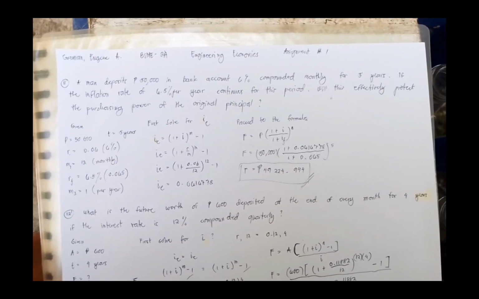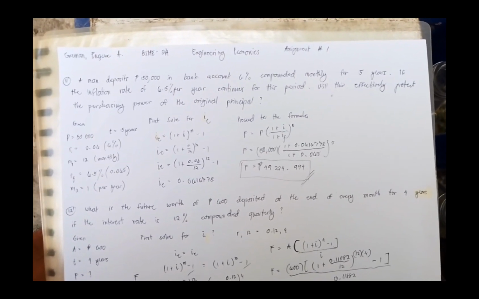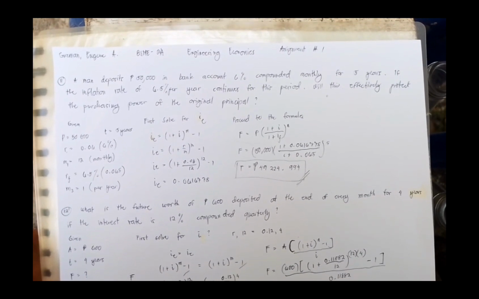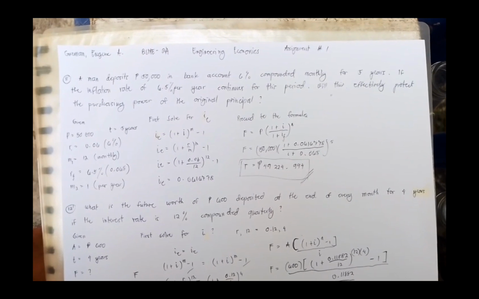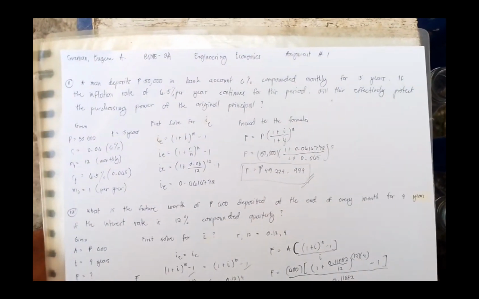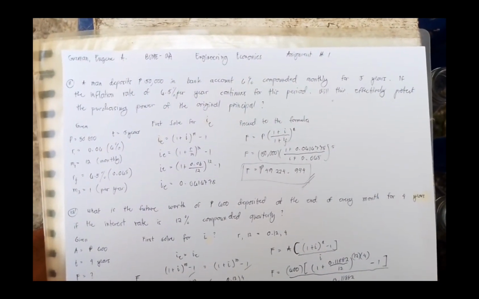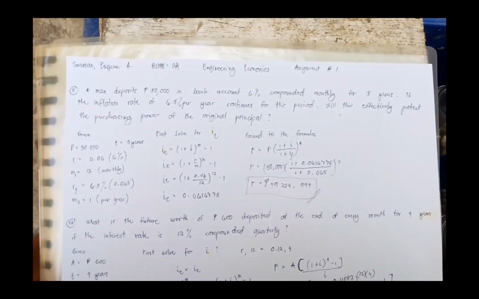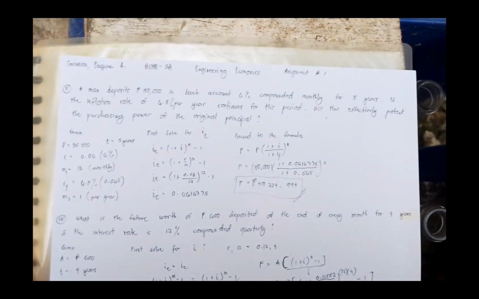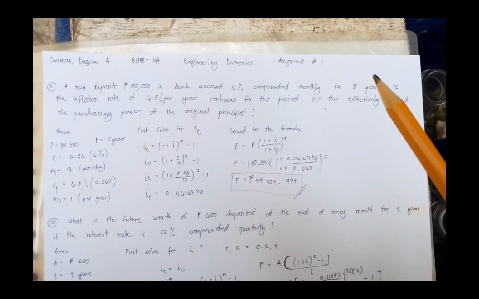A man deposited 50,000 pesos in a bank account, 6% compounded monthly for 5 years. If the inflation rate of 6.5% per year continues for the period, will the effective rate protect the purchasing power of the original principal? So first, identify the given.